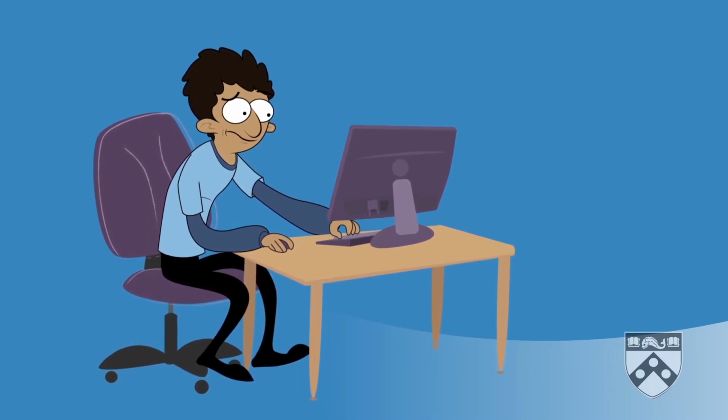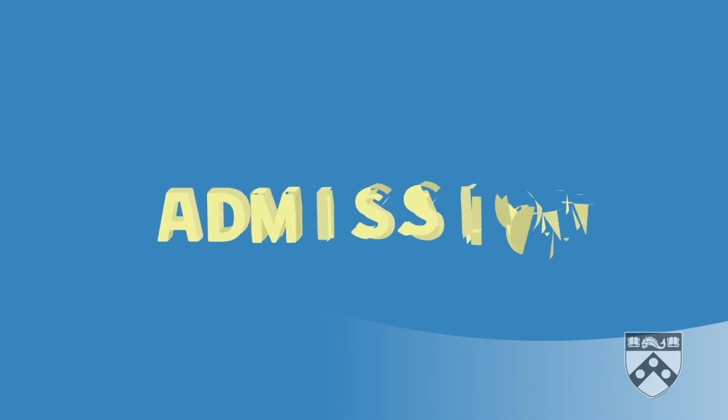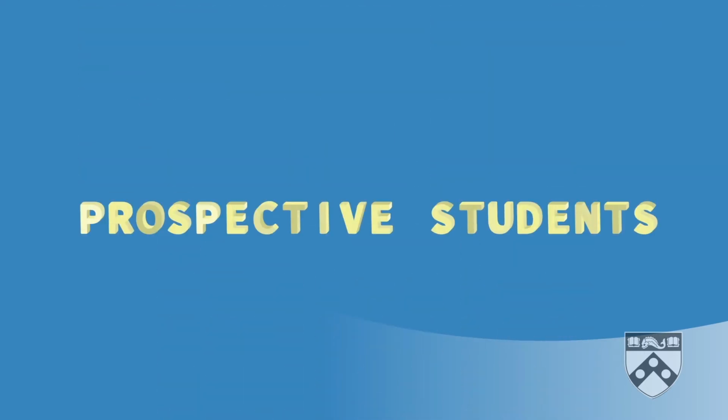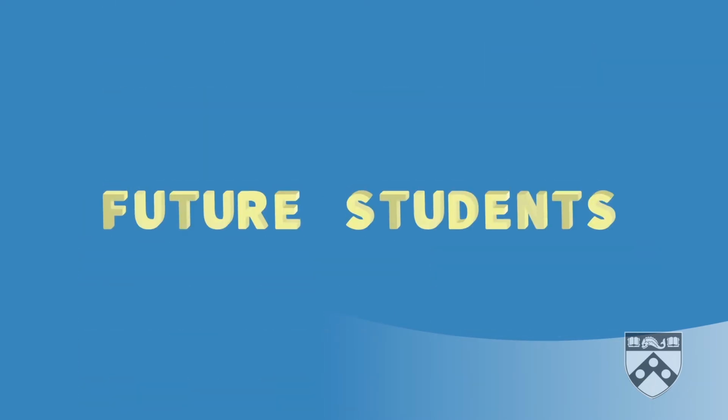Sometimes this is clearly listed as admission, but sometimes it's listed as prospective students or future students or applicants, or apply here, or any number of other names. So even at the beginning, remember that you're going to have to be flexible about what you're looking for.